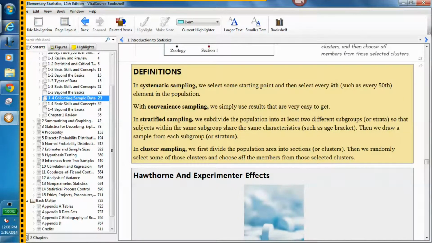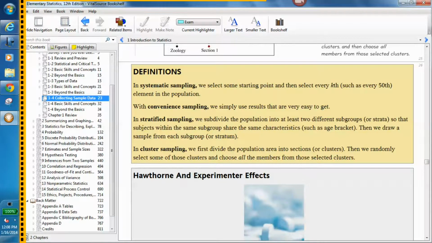Alright, there's a lot of different types of sampling. Systematic sampling says we select some starting point and then select every kth element in the population. So maybe I had a set of data and it was everyone's weight, and I wanted to choose, starting with the third lightest person, every third person in that list.